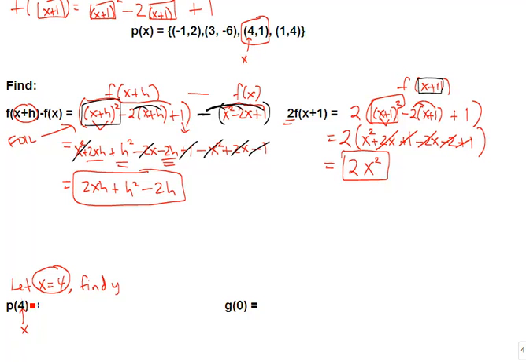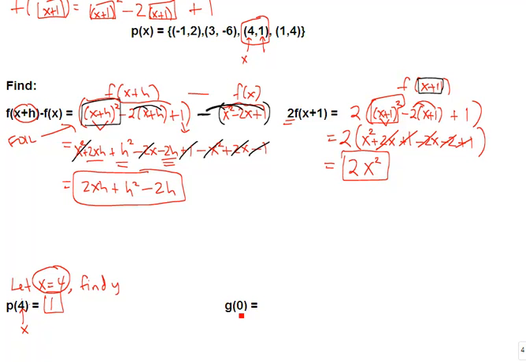So p of 4 is referring to the output. And the output in this ordered pair is 1. So this answer is p of 4 must be 1. So the input number is what's in the parentheses. And when you see a number in those parentheses, you're looking for the y value that goes with that number. So we're finding the y when x was 4.